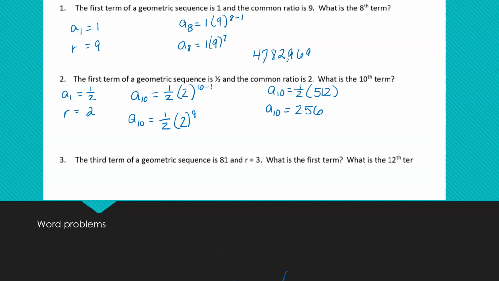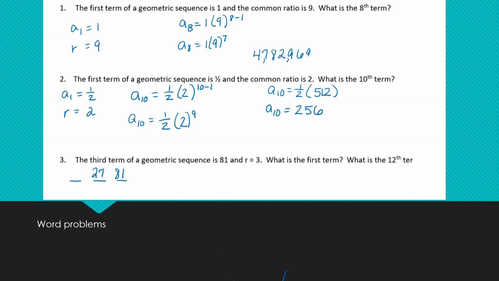All right, 3 is interesting. It gives you the third term of the sequence. So 1, 2, 3. The third term is 81. And the common ratio is 3. What's the first term? So let's find the first term. So we're going to take 81 and divide by 3, which gives us 27.